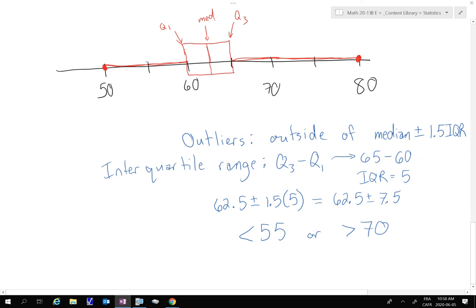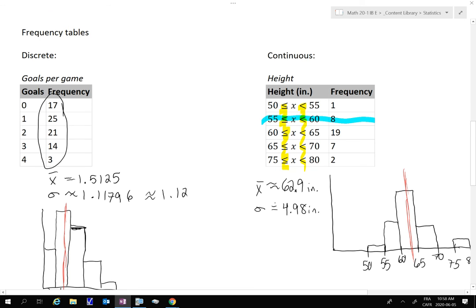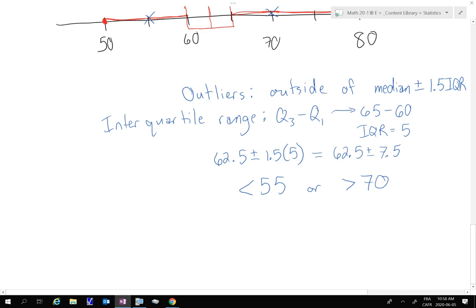So in this case, anything outside of these blue X's is considered an outlier. In the table that I have above, I can see that I have one value that's less than 55 and two values that are bigger than 70. So in this case, we actually have 3 outliers.